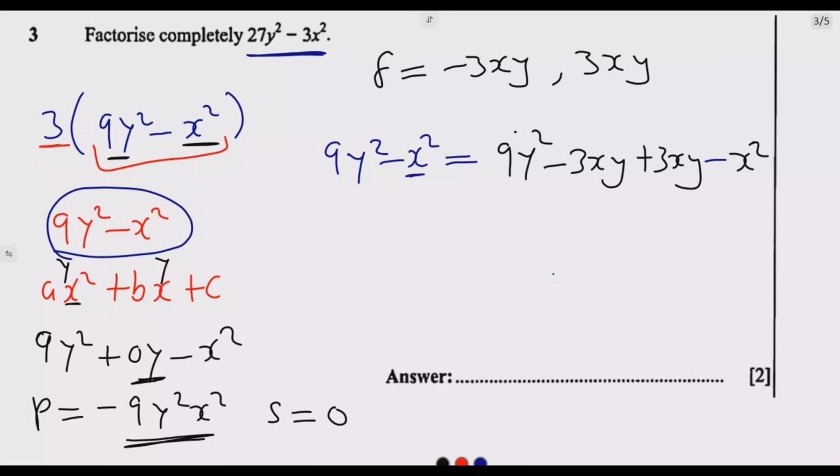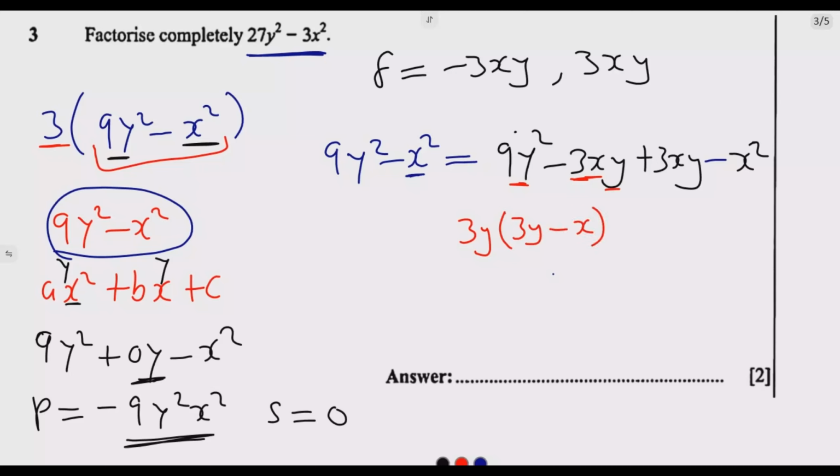Then we can factor out what is common. I know 3 and y are common here, so 3y out. This is going to give me 3y minus x.